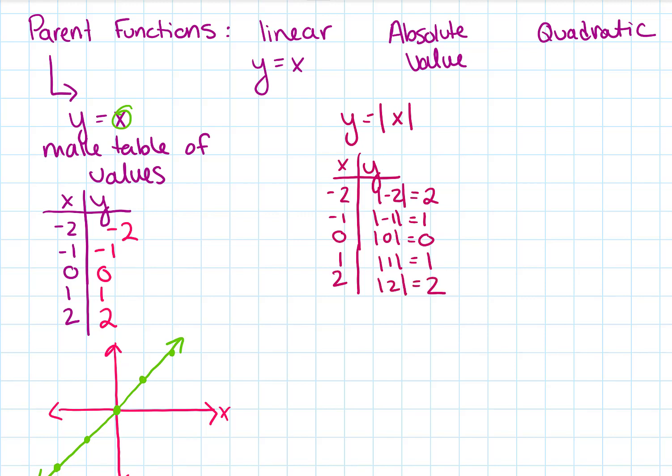And then I'm going to graph. (-2, 2) is the first point. (-1, 1), (0, 0), (1, 1), and (2, 2).